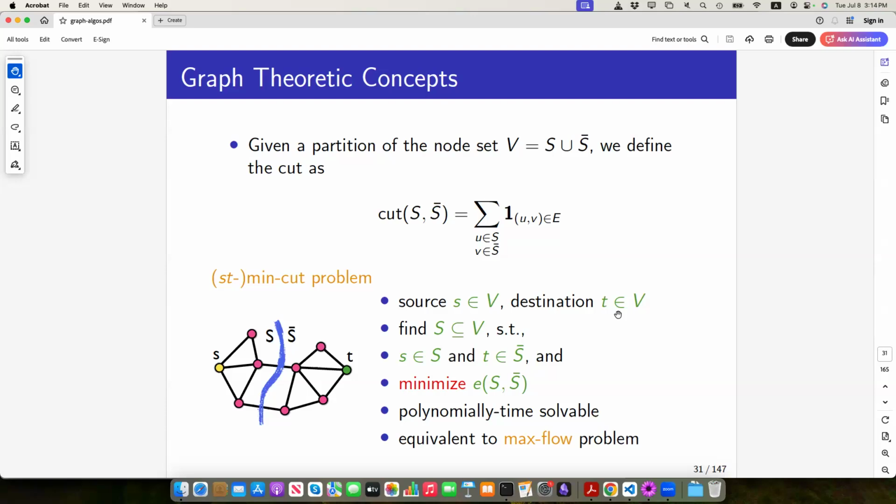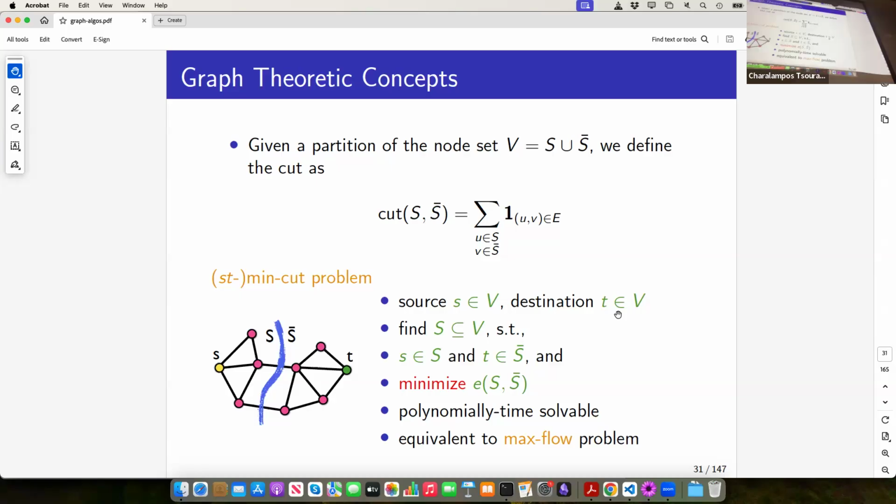This was originally designed in the context of sabotaging railroads in the USSR. If you want to disconnect the network and inflict the minimum possible damage, how do you do it? Minimum ST cut, okay?